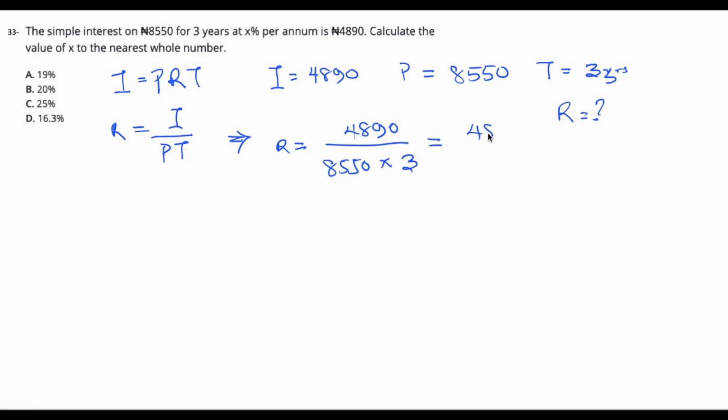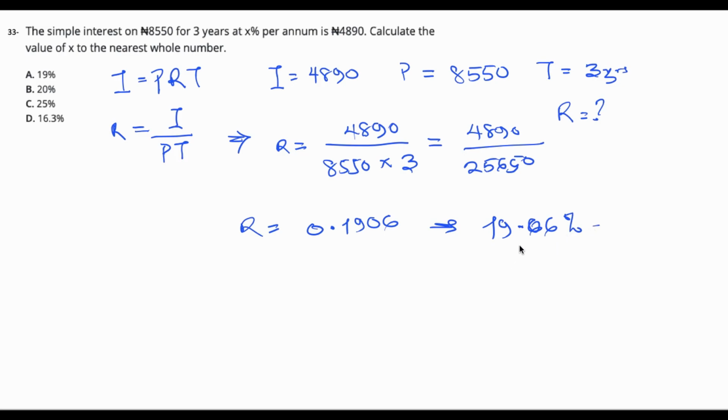So this is 4890 divided by 25,650. So R is equal to 0.1906, and if you multiply it by 100, this is 19.06%. To the nearest whole number, this is 19%. So our answer is A.